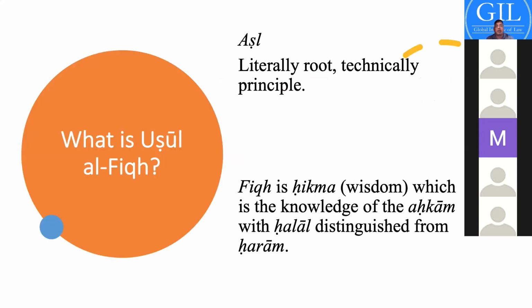Now, under Islamic law, jurisprudence is called usul al-fiqh, and it's a combination of two words: asl, which technically means root, and in legal parlance means principle; and fiqh, which is literally understanding, and in legal parlance, fiqh is the hikmah or the wisdom, which is the knowledge of ahkam, the legal injunctions, with halal distinguished from haram.